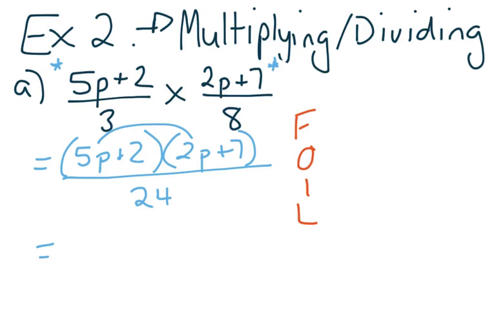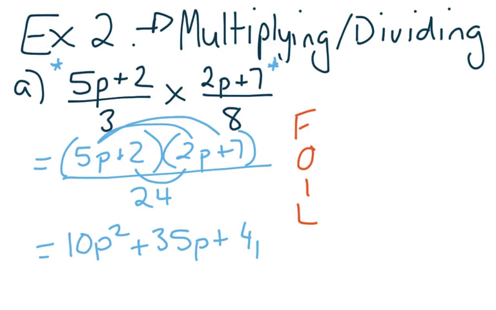So we do 5p times 2p, which is 10p squared, 5p times 7, which is 35p, 2 times 2p, which is 4p, and then 2 times 7, which is 14, all over 24.